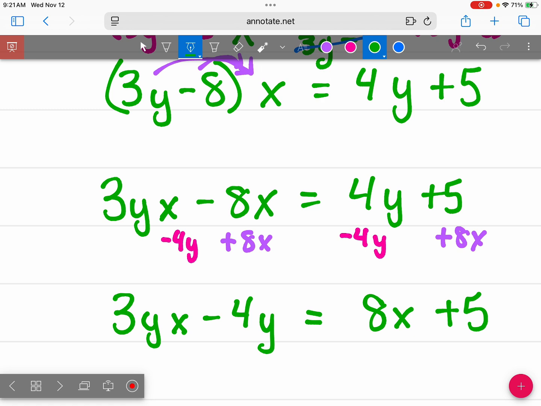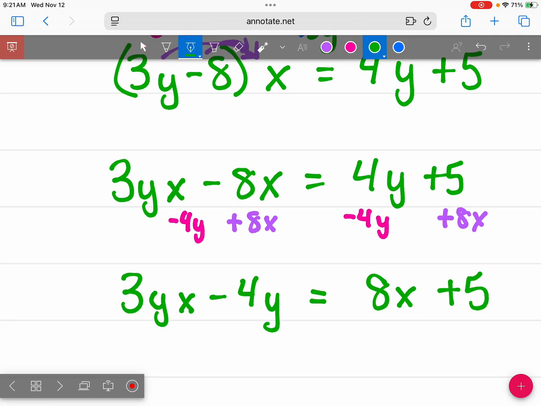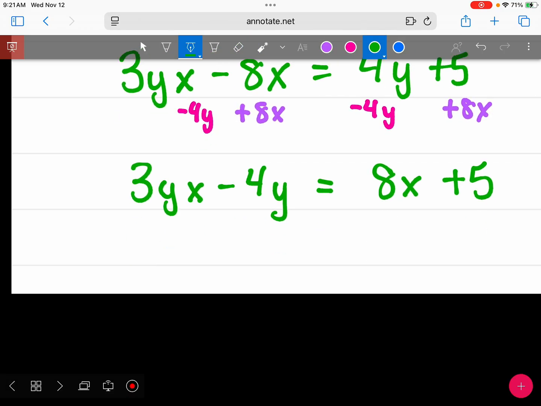Surprisingly enough, we are very close. I got all my things that have y's together over here. Why did I want to do that? What can I do with this now? Factor out that y like a GCF. Exactly right.